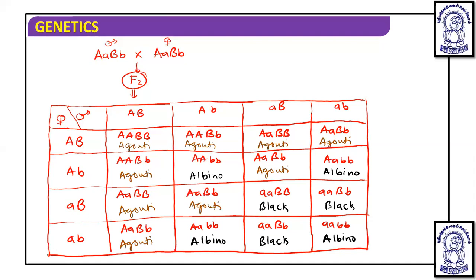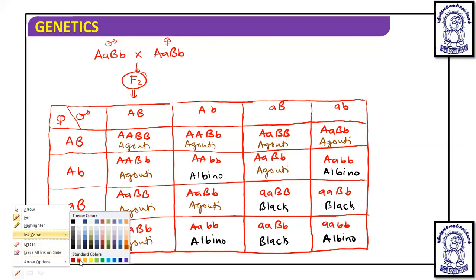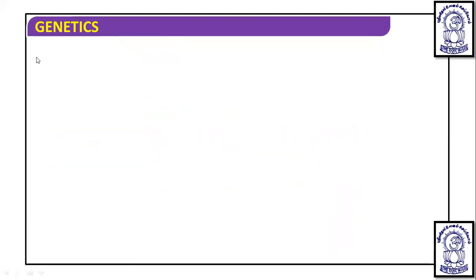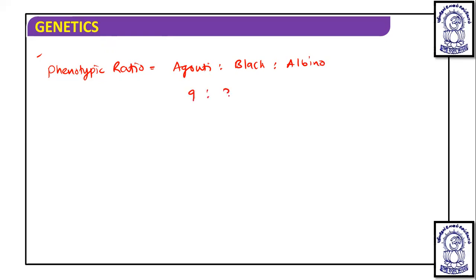Okay, so if we write that phenotypic ratio, supplementary gene, then it is agouti is to black is to albino, and it produced a 9 is to 3 is to 4.